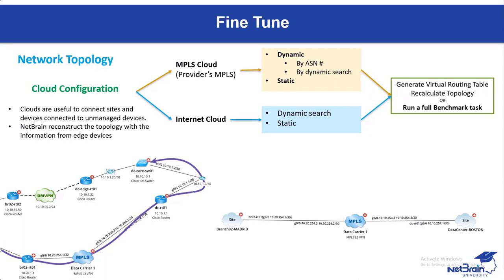So what it is saying is, okay, here are the customer edge or CE devices and interfaces that face into this cloud. You can either manually specify what they are, and or you can create a series of search parameters, either just by specifying a BGP AS number, which is a very common thing to do, or you can create a whole interlocking series of different criteria that tells NetBrain which devices, and more specifically which interfaces, the cloud connects to.